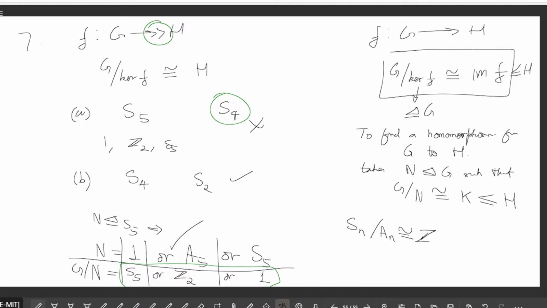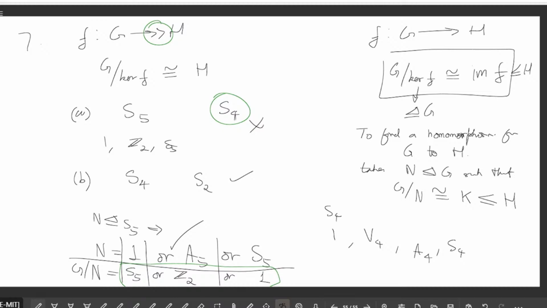Okay. S4. So this you have to know. S4, as I said, is an exception. In S4 you have 1, A4, B4, and S4 itself.